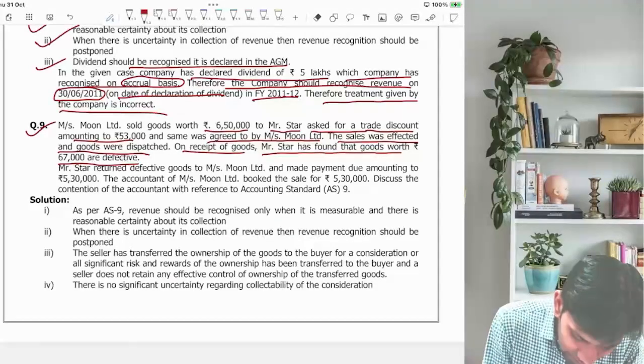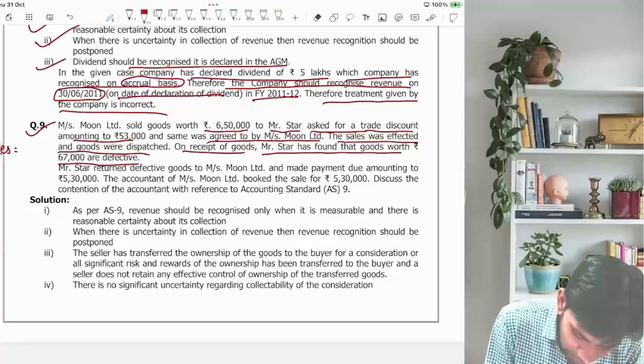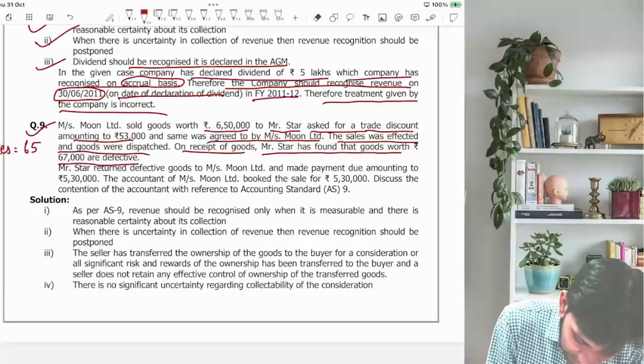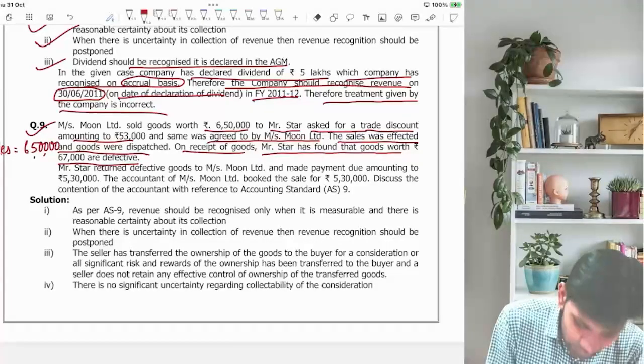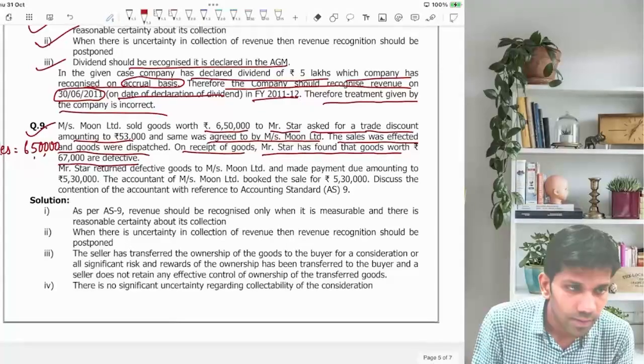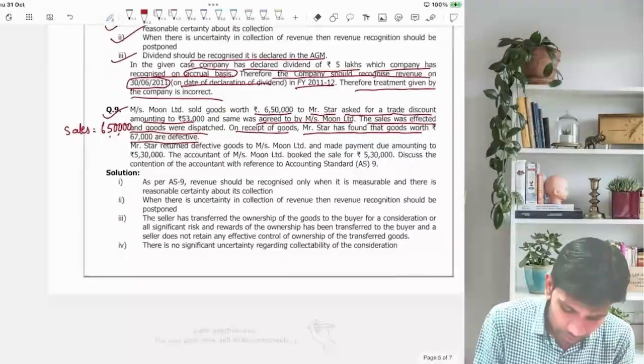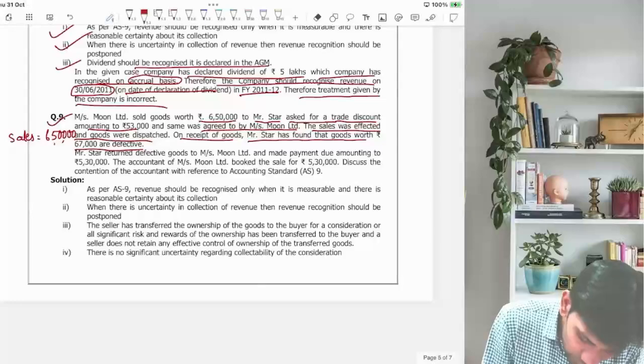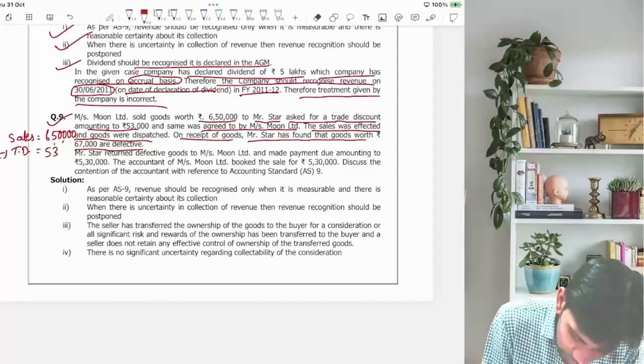So there are three things. Sales 6,50,000, less trade discount 53,000, less sales return 67,000.